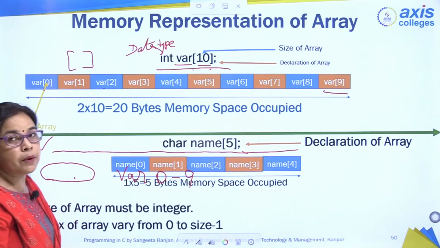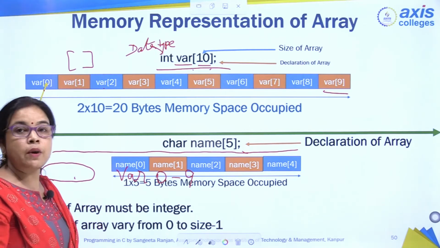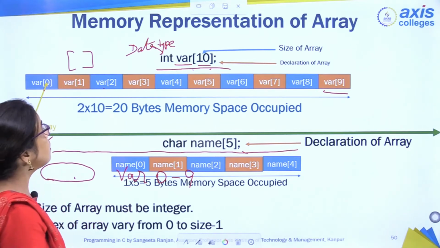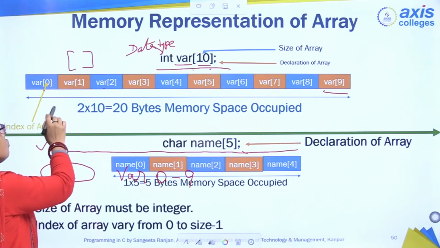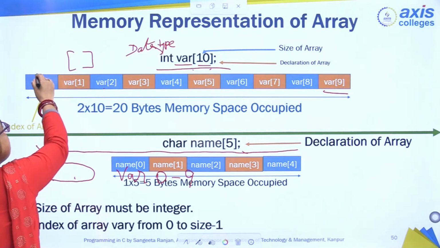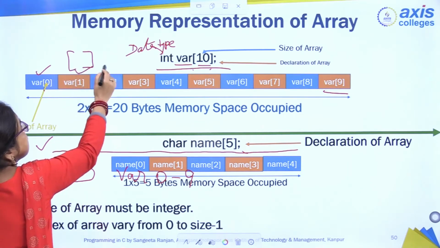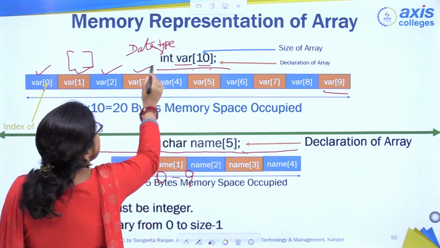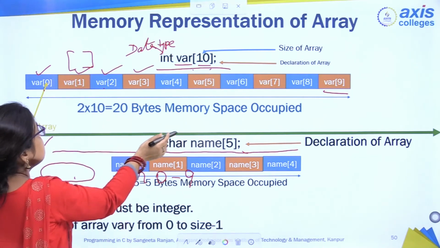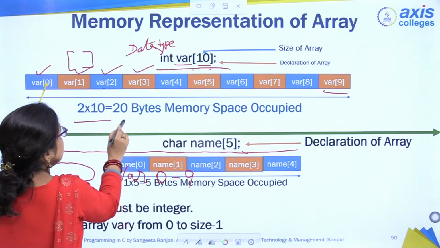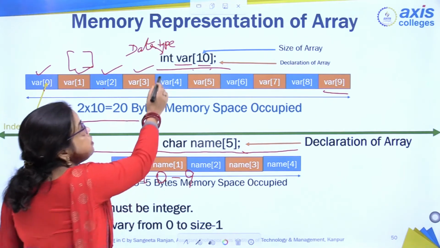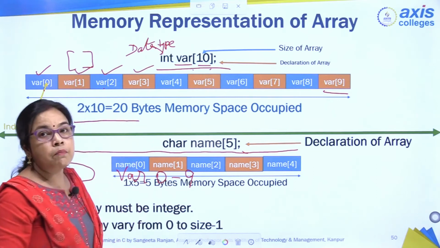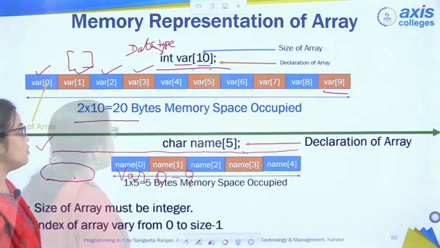It is compiler dependent: some compilers take 2 bytes and some take 4 bytes. Here we have taken the example in which an integer takes 2 bytes. So each variable takes 2 bytes in memory. In this way, 10 variables collectively take 20 bytes, so int var10 occupies 20 bytes in memory.